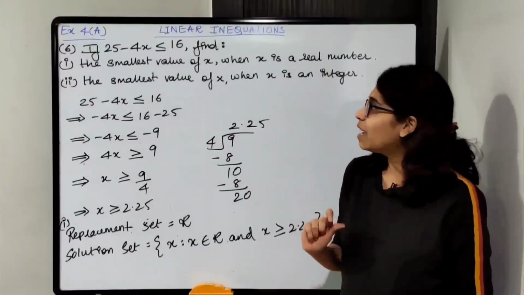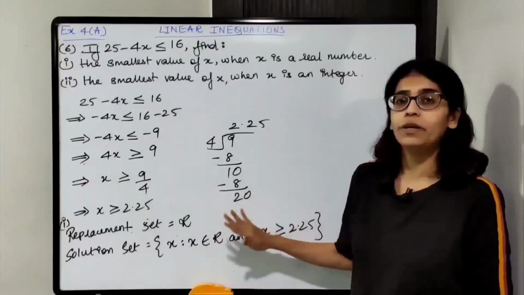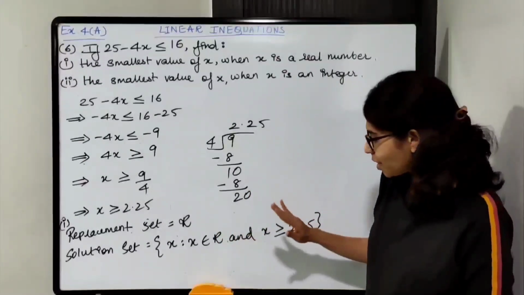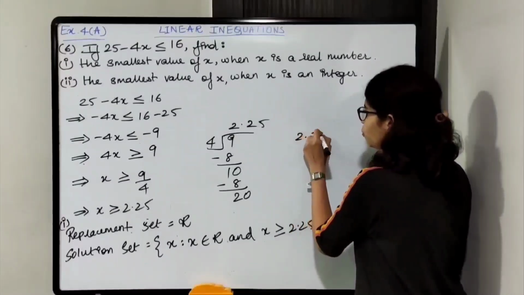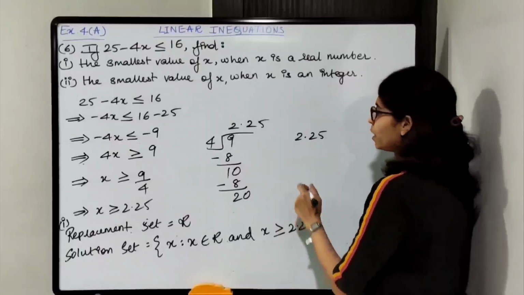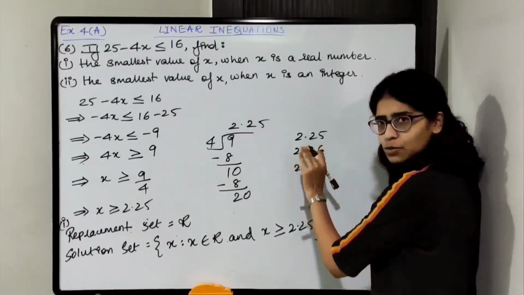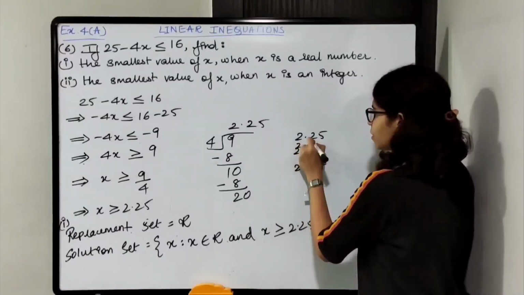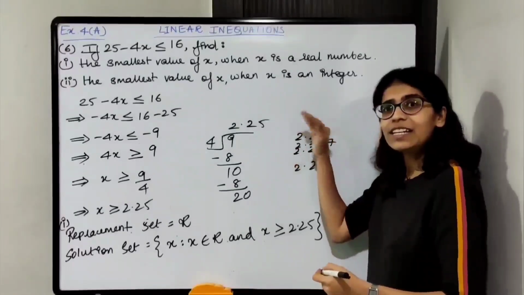Now they have asked the smallest value of x. What will be the smallest value? X can be equal to 2.25 or more than that. So it can be 2.26, it can be 2.27, even the values in between, 2.257. So what will be the least value over here?